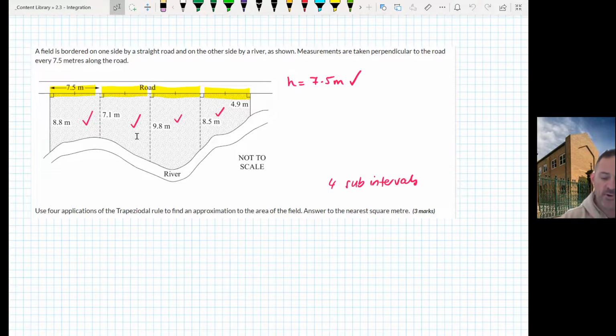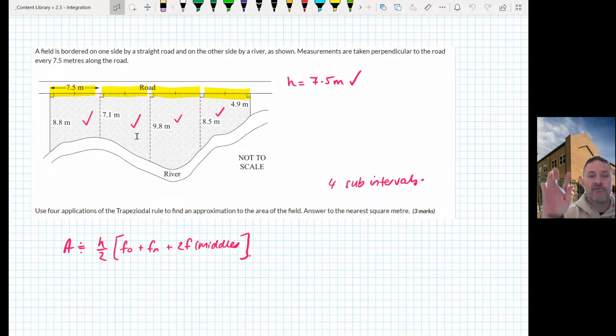And that's pretty straightforward. So my rule says area equals approximately h on 2 times the function of the first plus the function of the last plus 2 times the functions of all the middles. Now I know we can use the formal one, but it means the same thing.